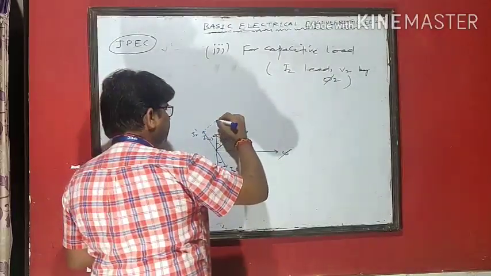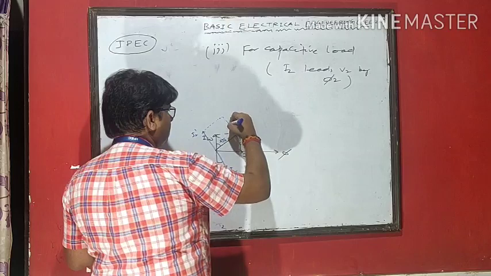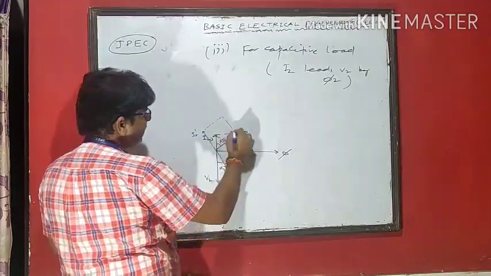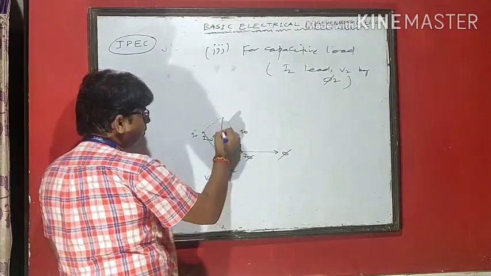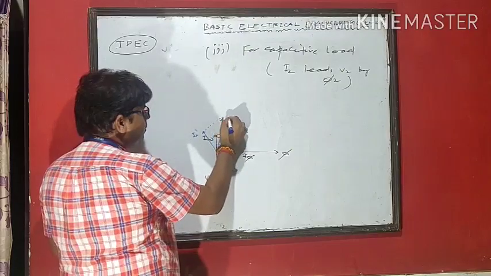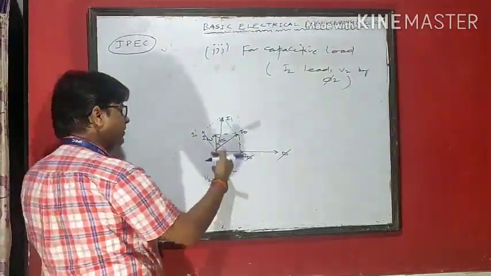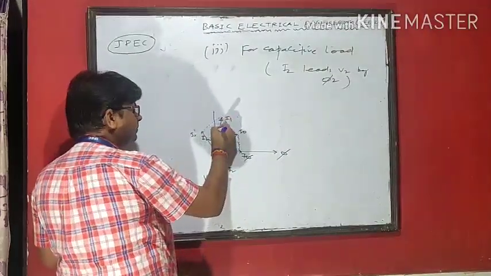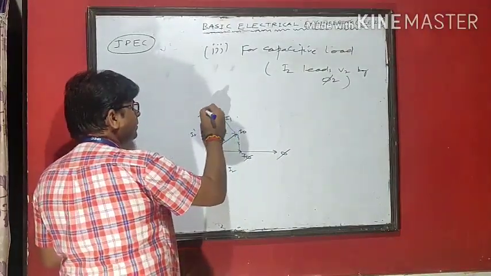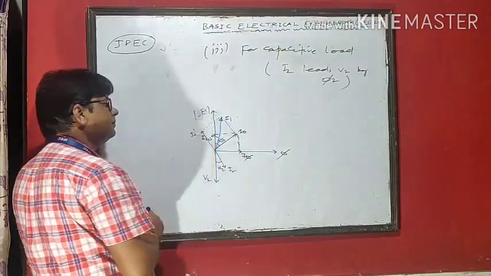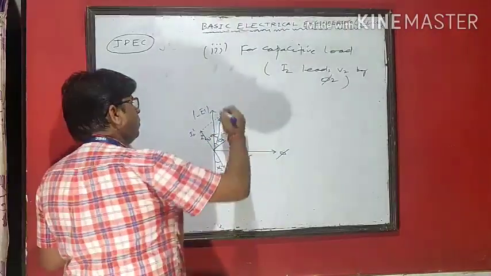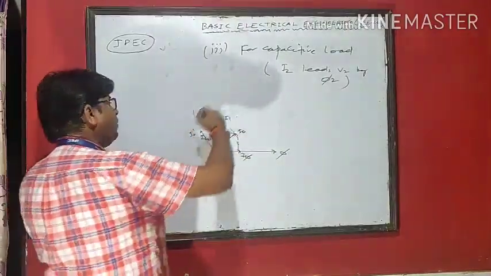So the resultant of this is your I1. Here E1 is below the reference, and you can take it above the reference line. Next, what is I1 R1?